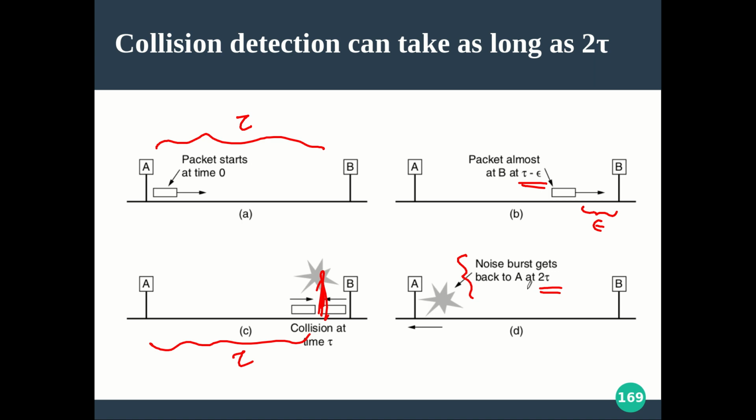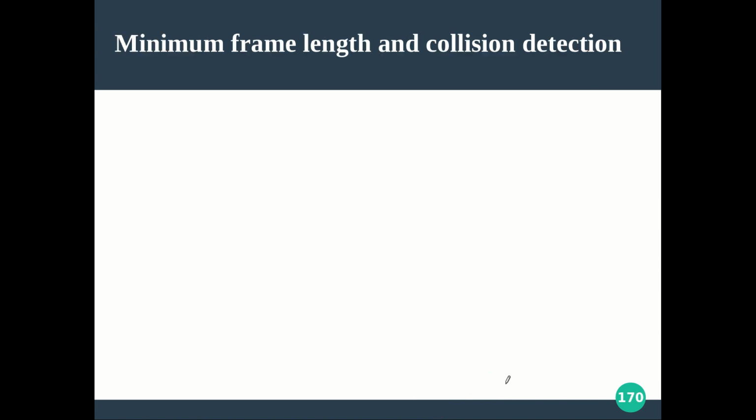So the frame length of this A should be a value such that till this noise burst is coming back, A should keep sending the data, or the frame transmission time of A should be greater than or equal to 2 tau, and this frame transmission time is nothing but length by bandwidth, greater than or equal to 2 tau, and bandwidth is fixed. For the length of the frame, there should be some minimum value, so that is found to be 64 bytes. We will see that.